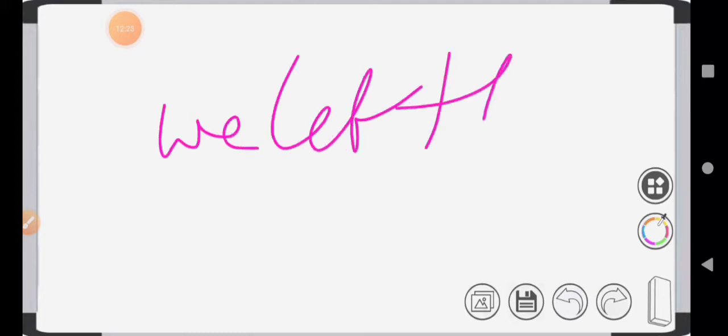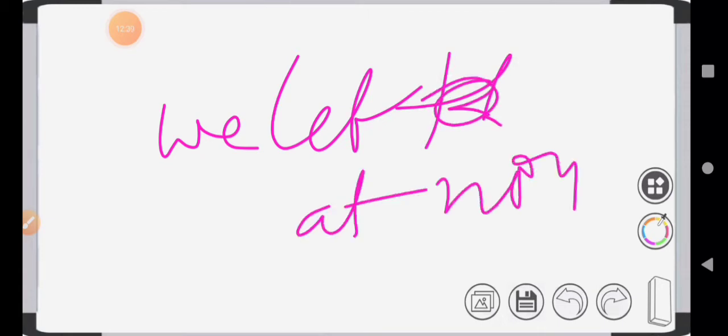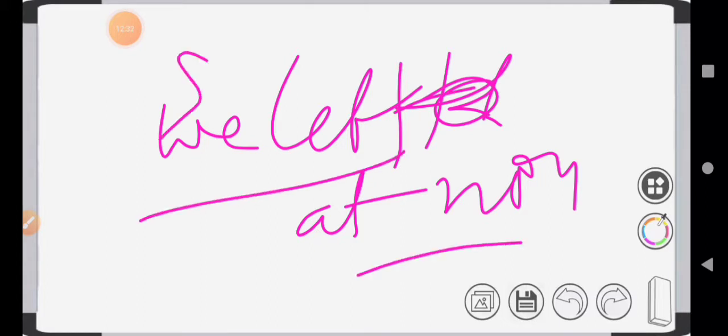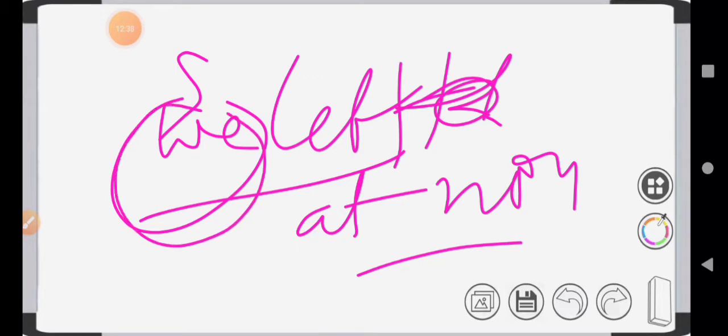For example, we left at noon. Here the subject, a pronoun or a noun, is first person plural. "We left" is subject and verb.